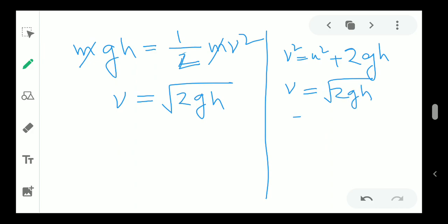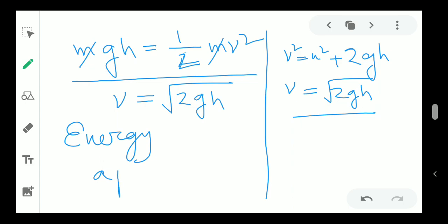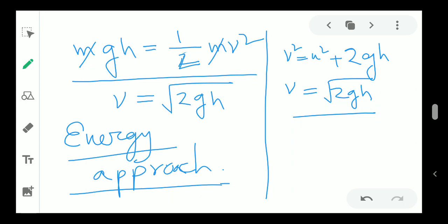So this is our energy approach, and many maths can be done using this energy approach. With the energy approach we can easily find out this kind of maths, and this is our normal equation from equation of motion. Both of them are giving me the same result.